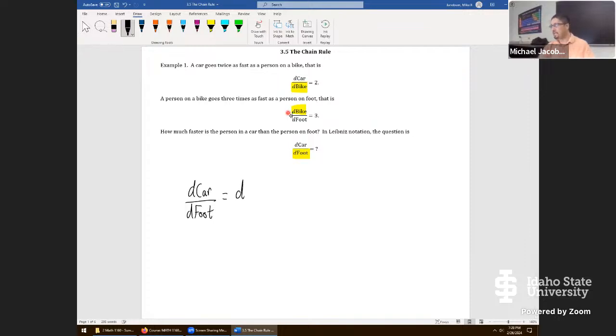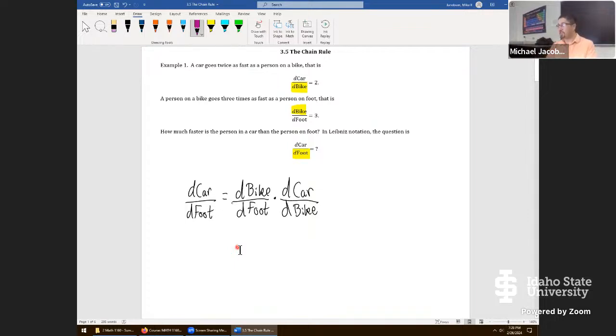So d bike with d foot would go in. Then we can take this and, well, we know how being on bike relates to being on car from the prior derivative and multiply this way. Rate of change for being on car, divide by rate of change for being on the bike. And there's another analogy going on with this. If you thought in terms of fractions, it looks about right.